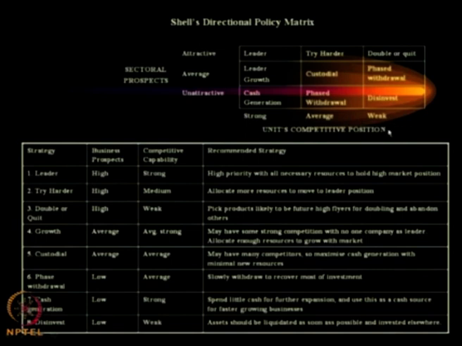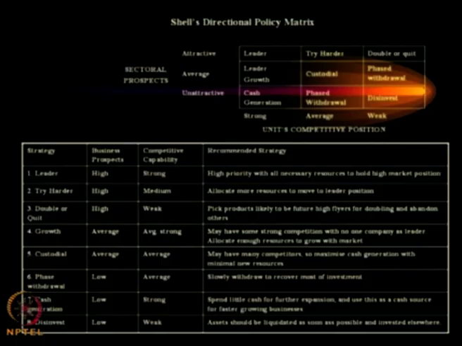Now, let us say the unit's competitive position is very weak and the sectoral prospects are also unattractive. In that type of scenario, what should you do?